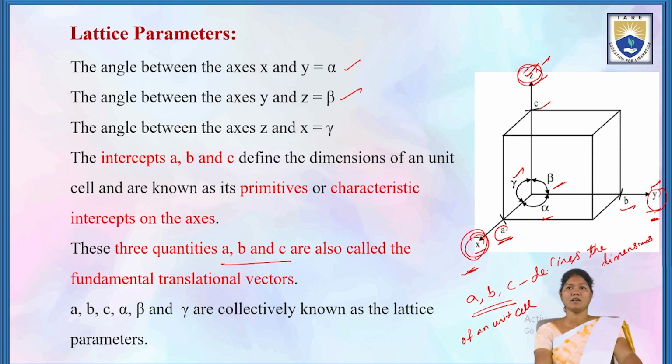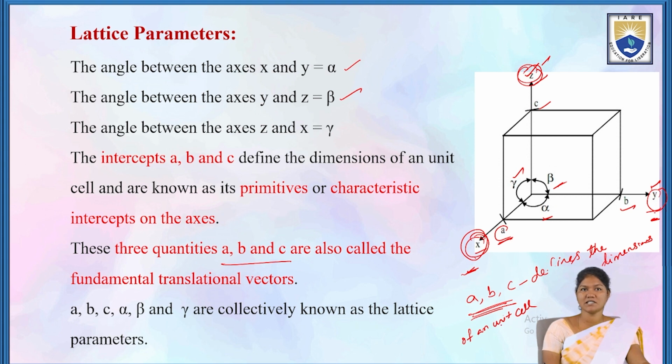They are called primitives or characteristic intercepts on the axes, or these three quantities are called fundamental translational vectors.